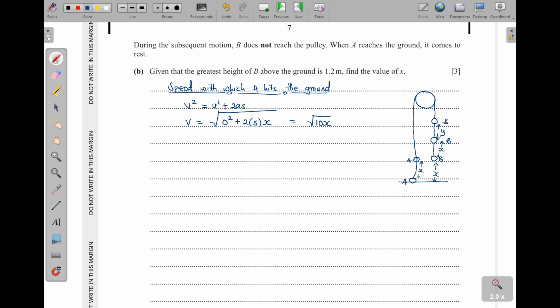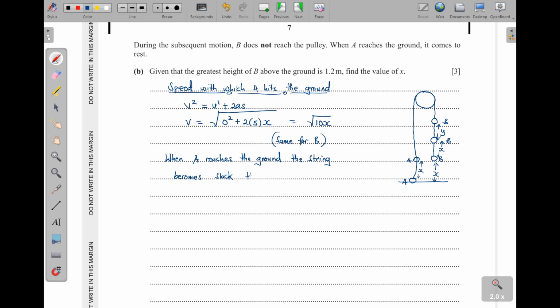Then this is the same speed as B here. So same speed for B. I can say here same for B. Then next, when A reaches the ground, the string becomes slack.